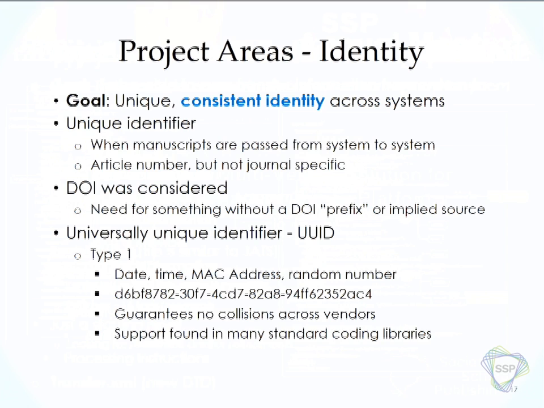Now that we have a package with article information, review information, and some transfer instructions, we realize, well, if the receiving system has a problem with it and they need to call someone on the phone or have one system talk to the other system, we need to uniquely identify the manuscript in this package. Traditionally, you do that with something like DOIs, but we realized that DOIs were actually very society or journal publisher centric, but this transfer could be across multiple different systems, and you didn't want to have the identifier unique to one publisher, journal, or society.